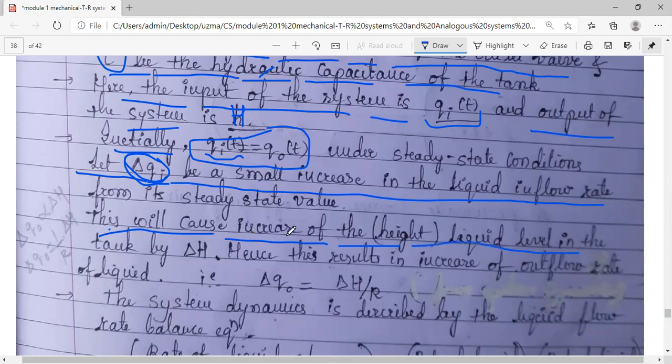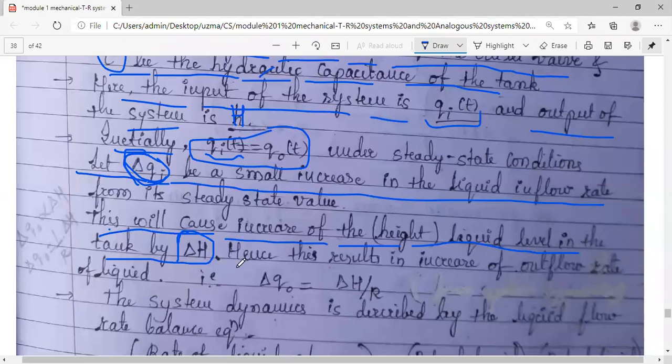So that increase in the level, let me denote it as delta H.